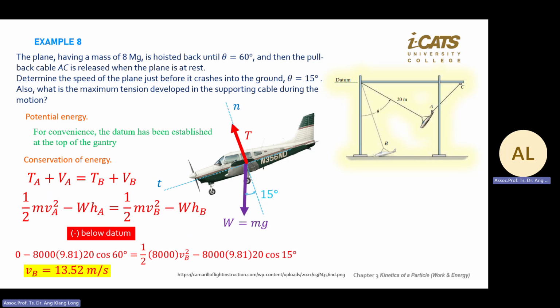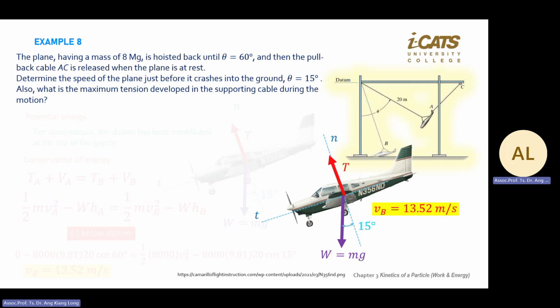So this is the advantage of using potential energy. You don't need to find the motion. You don't need to find the velocity before and after. Just straight away use energy to solve. If the question does not ask you for acceleration, you can use conservation of energy to solve.